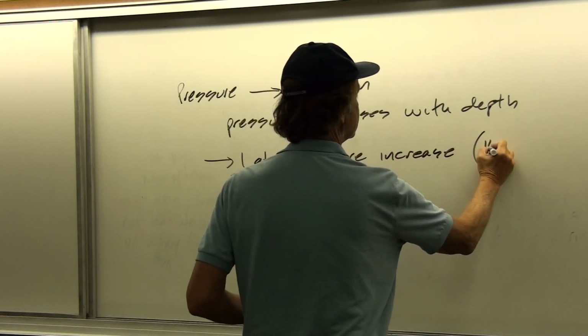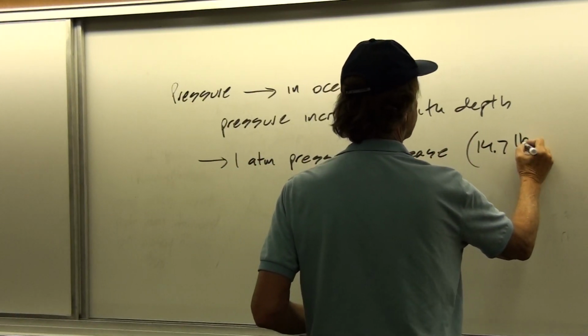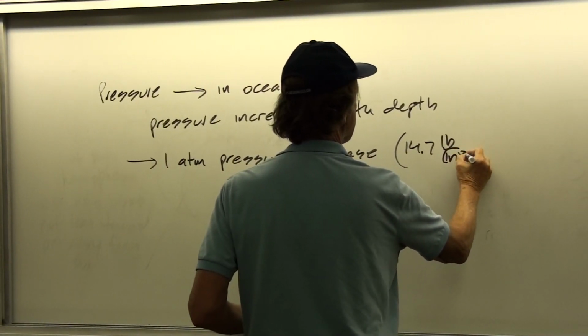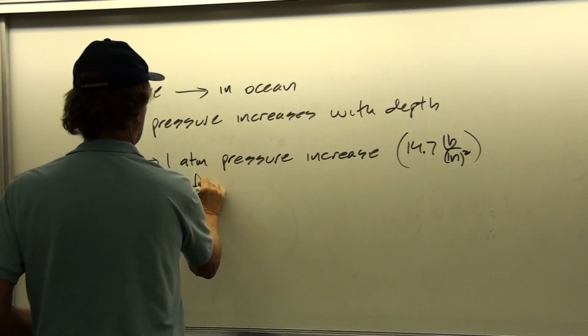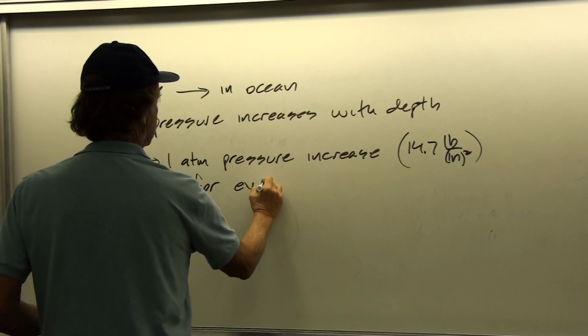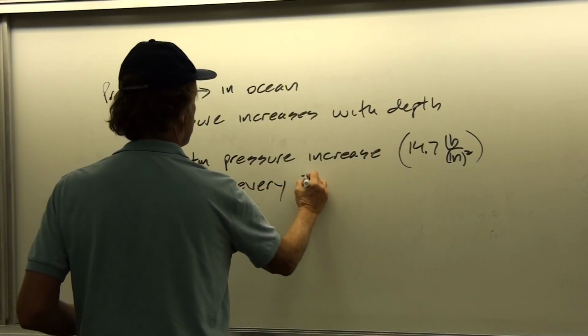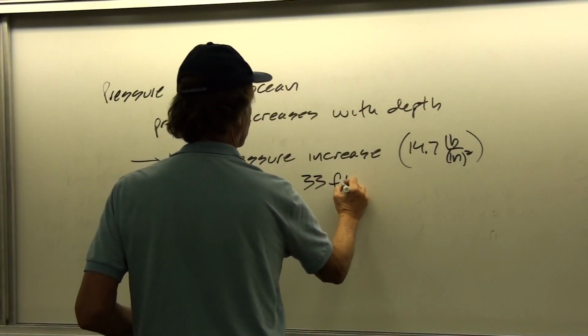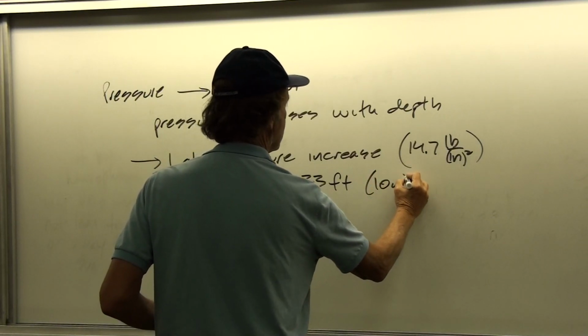Remember, that was 14.7 pounds per square inch for every 33 feet or 10 meters of depth.